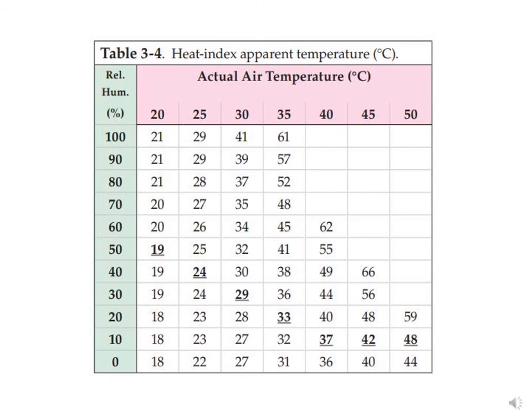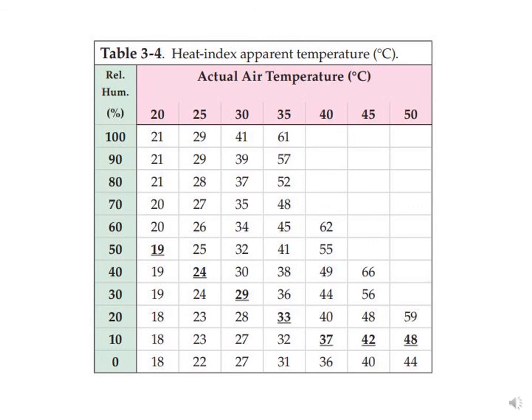But if you contrast that with, say, 30 degrees Celsius and 80% humidity, then you have increased your heat index temperature to 37 degrees Celsius, which is a sizable increase.